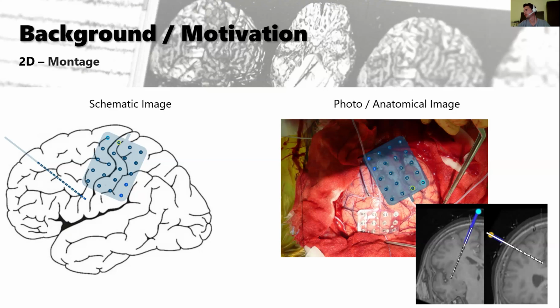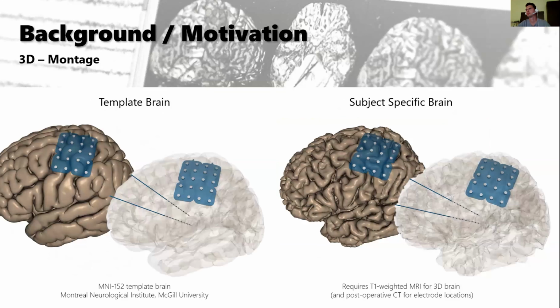And for depth electrodes, another approach is, for example, to use MRI slices and use that to visualize the contacts in 2D. That's a little bit easier to see than just with the schematic image. But usually the goal is to work with 3D. And what you can always do is to utilize a template brain.